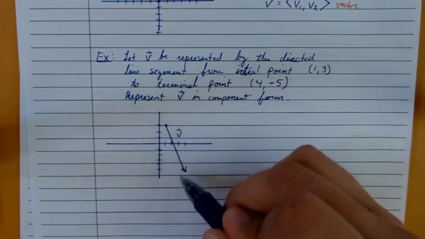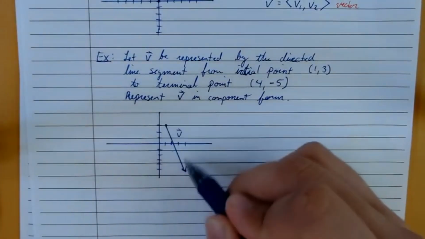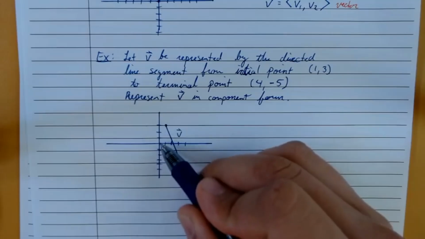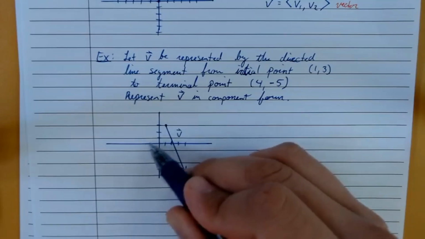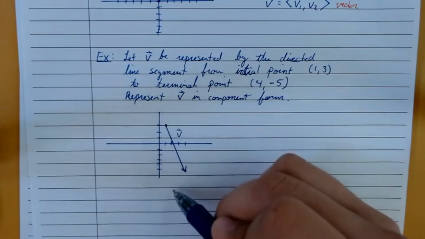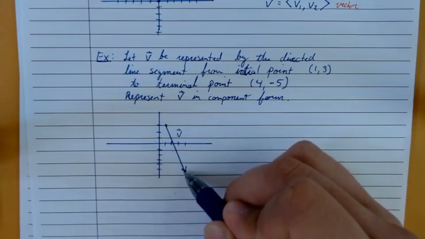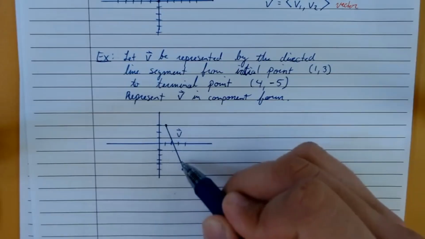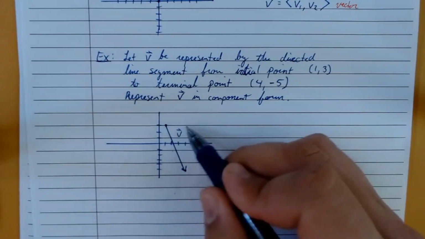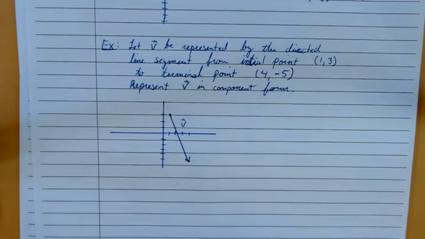We want to find how far from the origin we need to go left, right, or up and down to make this directed line segment the same as this directed line segment. That just means we need to find the displacement, in this case right, and then down.